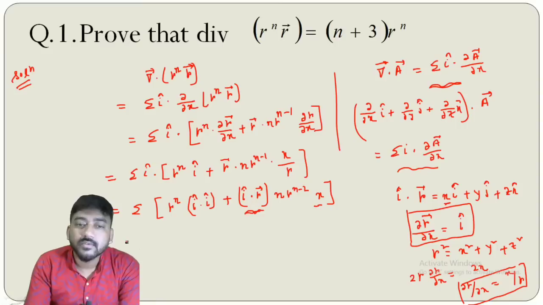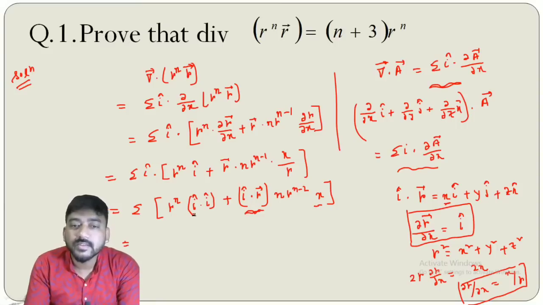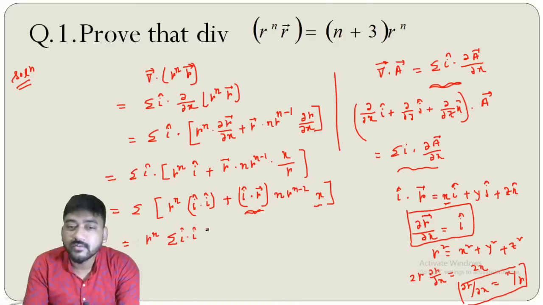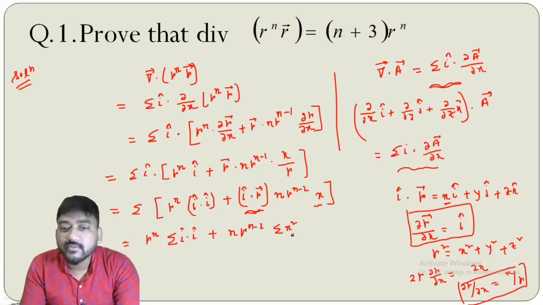Now if you take this summation, it will be r to the power n into summation i dot i, that means i dot i plus j dot j plus k dot k, which will be 3 actually. Plus similarly you have n r to the power n minus 2 into summation x square, and summation x square means x square plus y square plus z square, that means r square.